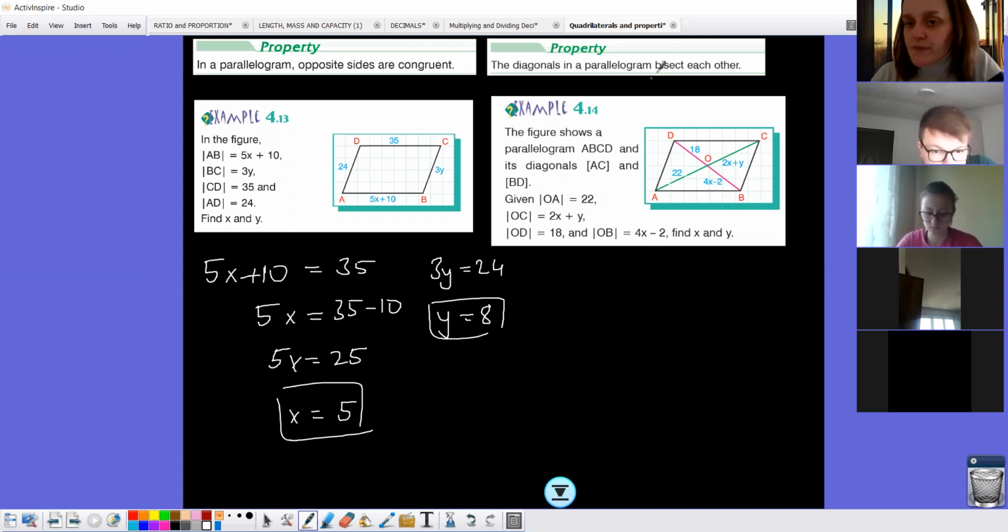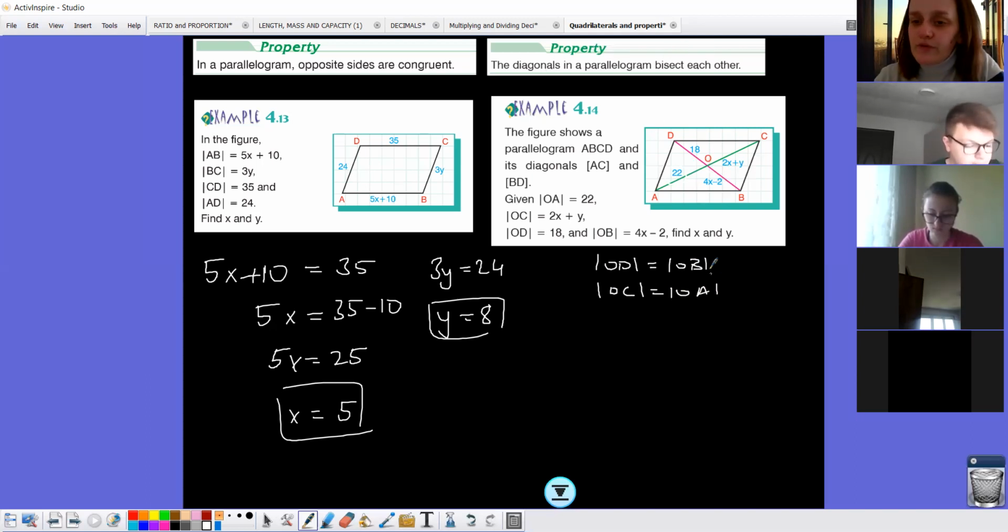Because of this property, we know that they bisect each other. It means that OD is equal to OB and OC is equal to OA.